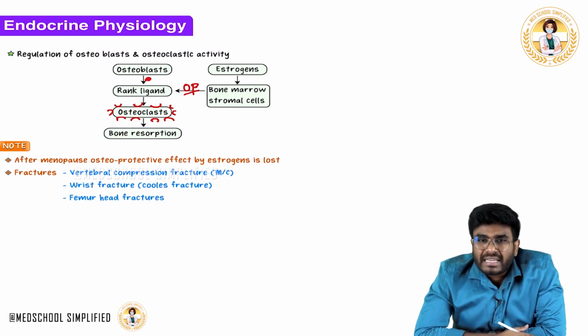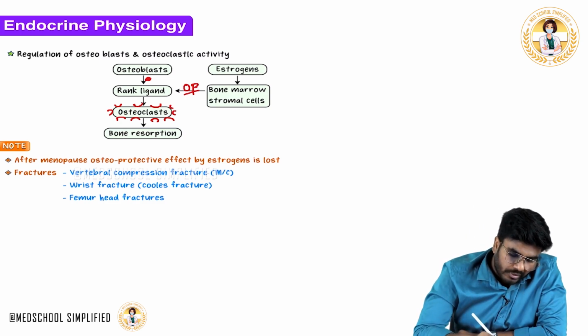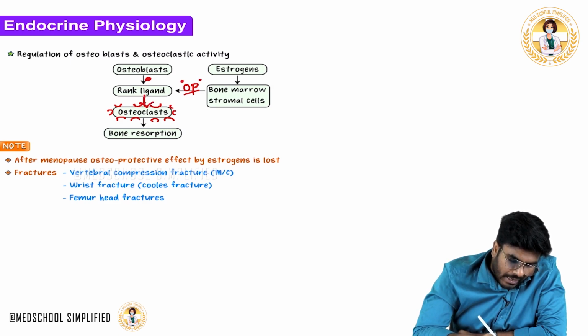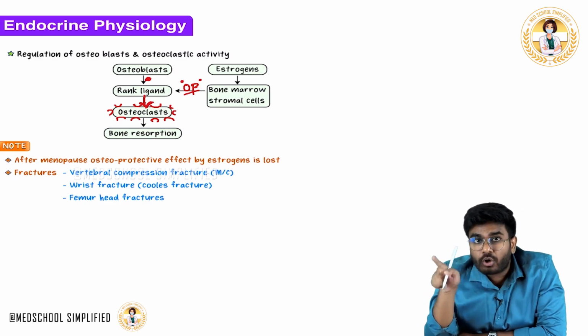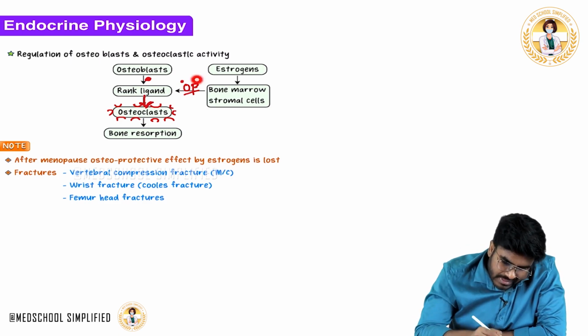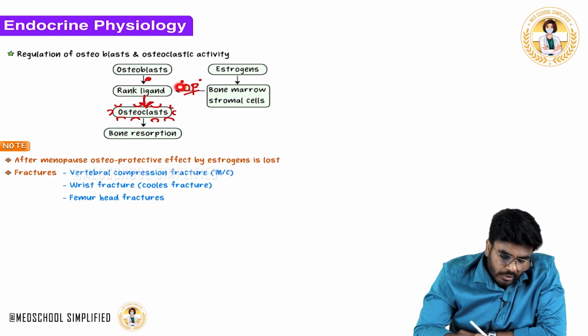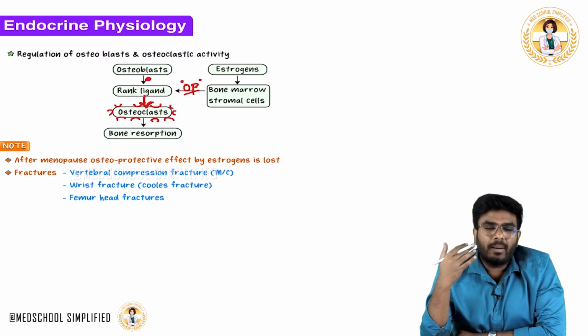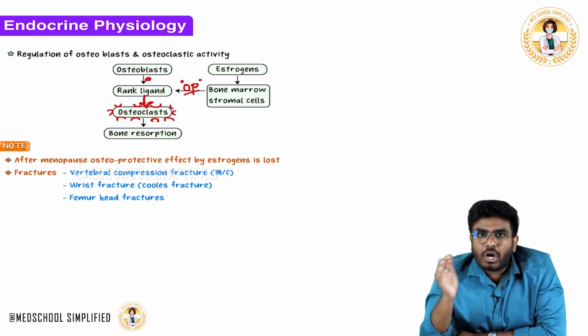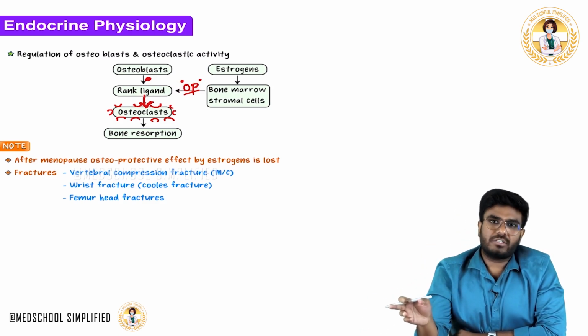When osteoprotegerin is there, it's like a more beautiful girl. The RANK ligand, which was supposed to go to the osteoclast, under the presence of osteoprotegerin comes and binds with the osteoprotegerin, so that RANK ligand is not going and activating the osteoclast.